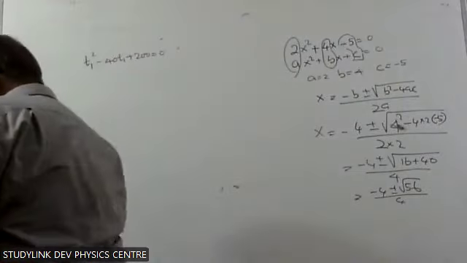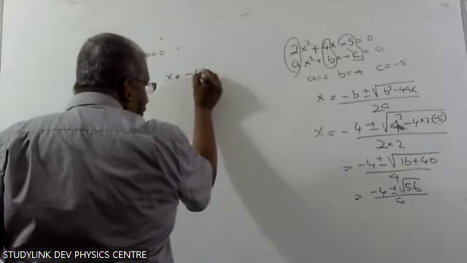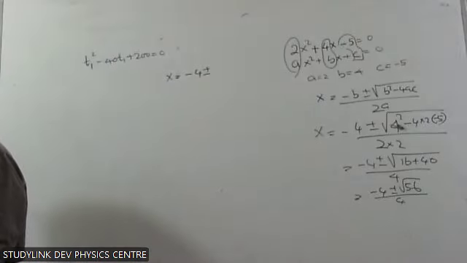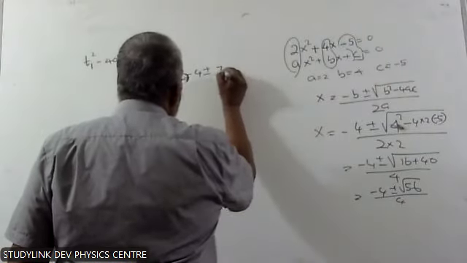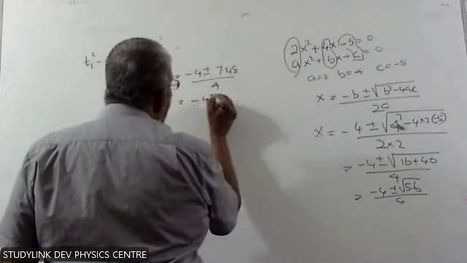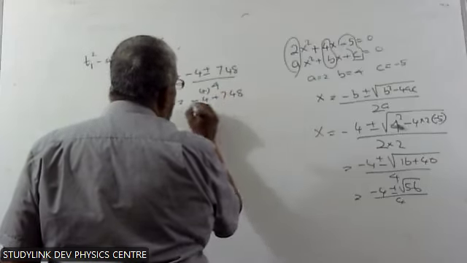Then the answer is concerned, x is equal to minus 4 plus or minus, we have to get the square root of 56. Square root of 56 is 7.48. 7.48 divided by 4. Then minus 4 plus sign is concerned, plus 7.48 divided by 4.